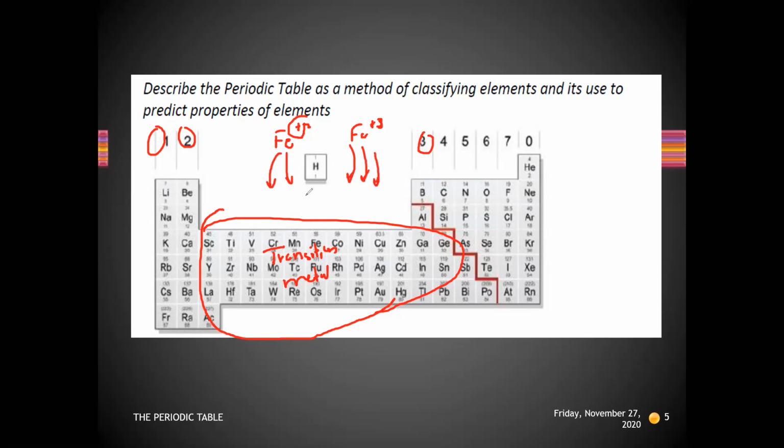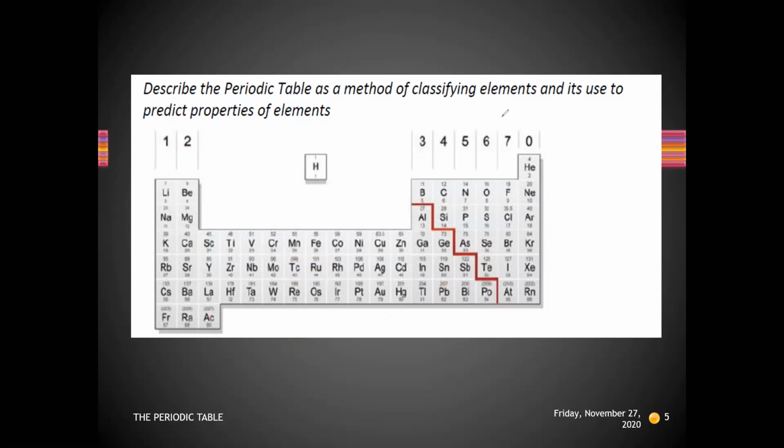Because the number of electrons they lose is not fixed, they are not placed in a specific group, and they are located between group 2 and group 3, and we call them transition elements or transition metals.